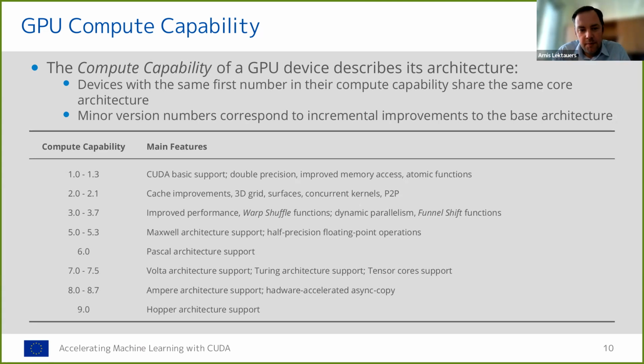For the purpose of an overview, I have listed all compute capability numbers starting from version 1.0. But today, the latest CUDA version, for example 11.7, is not supporting compute capabilities older than 3.5. That means older video cards, for example from the beginning of 2010, are not supported anymore by the latest CUDA versions.